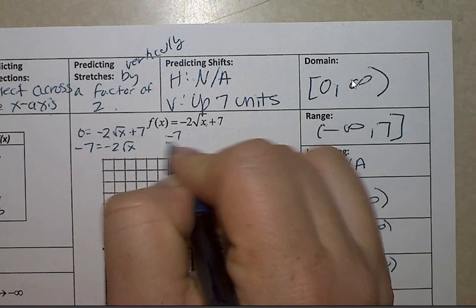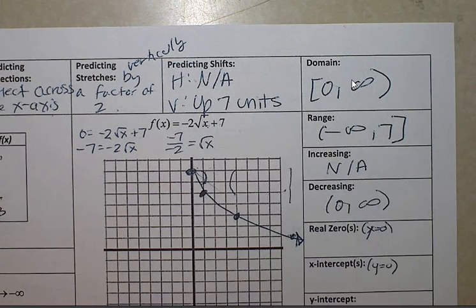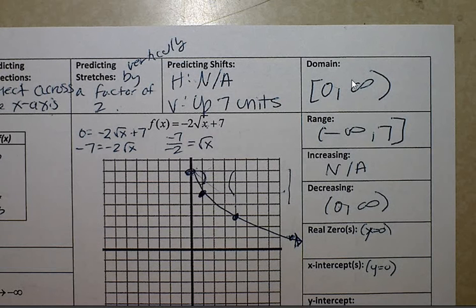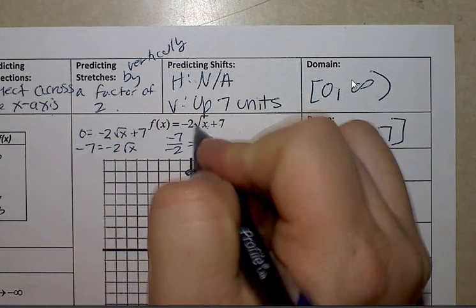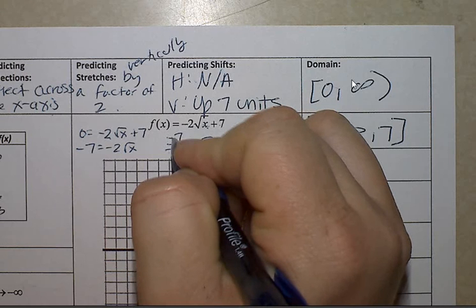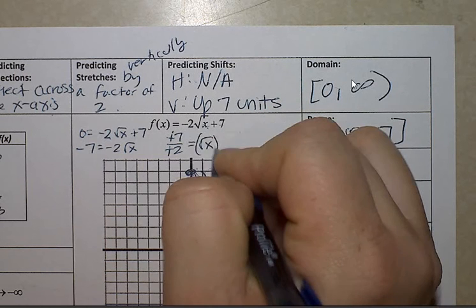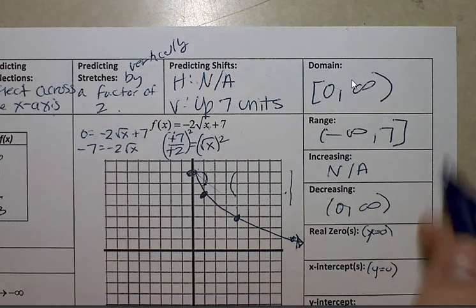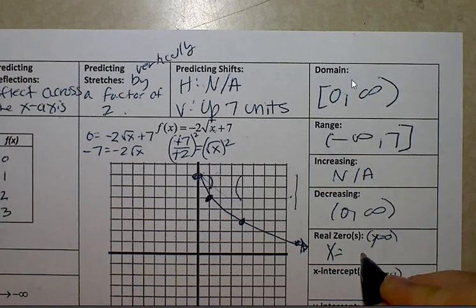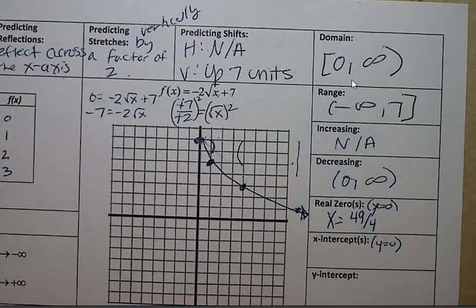Divide by -2, right? Okay, now you need to get rid of a square root. What's opposite of square root? Okay, so a negative divided by a negative is already a positive, and now I'm going to square it. What is 7 squared? And what is 2 squared? I have no problem with you leaving it as a fraction or a decimal.